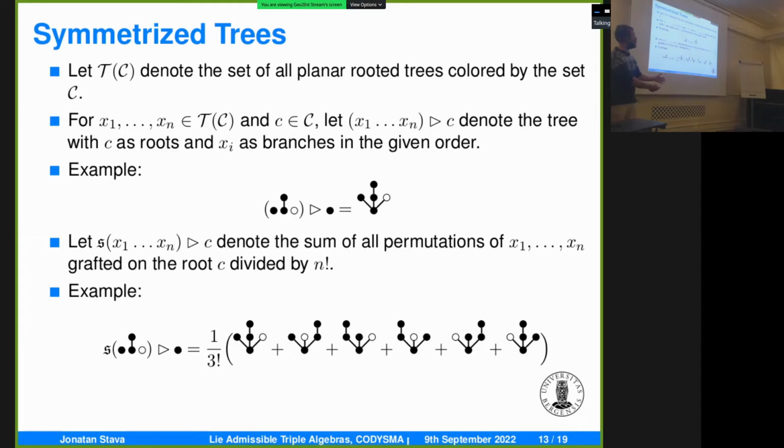Instead of defining an order and choosing a representative for each class of planar trees associated with the same non-planar tree, we can symmetrize. If you see this S, instead of just grafting them on in the order they are, we graft them on in all possible permutations, and then we divide by the number of permutations.